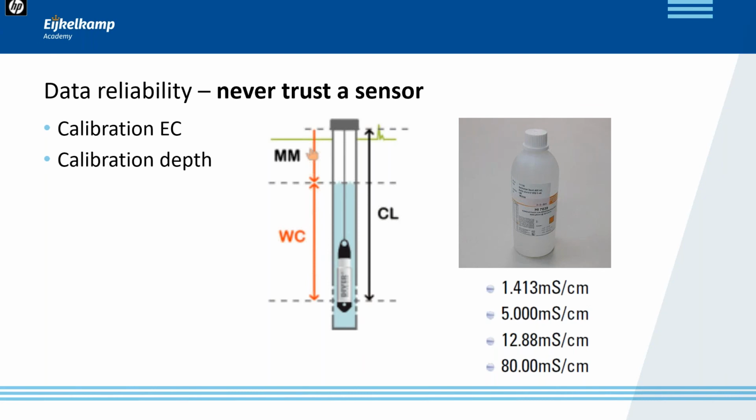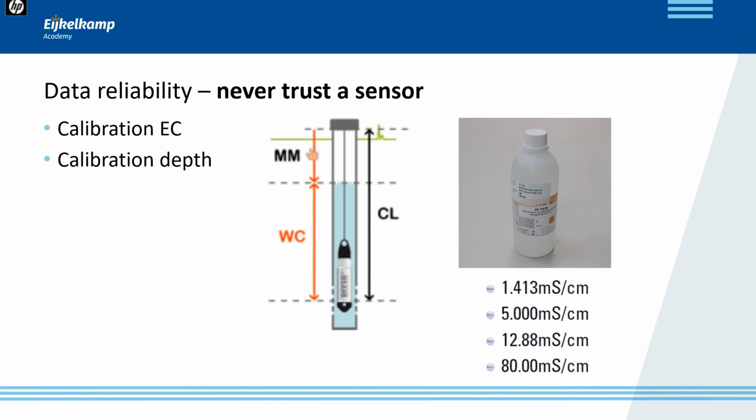Working with sensors gives you data, so it means that you should do something about data reliability. The electrical conductivity depends on temperature.